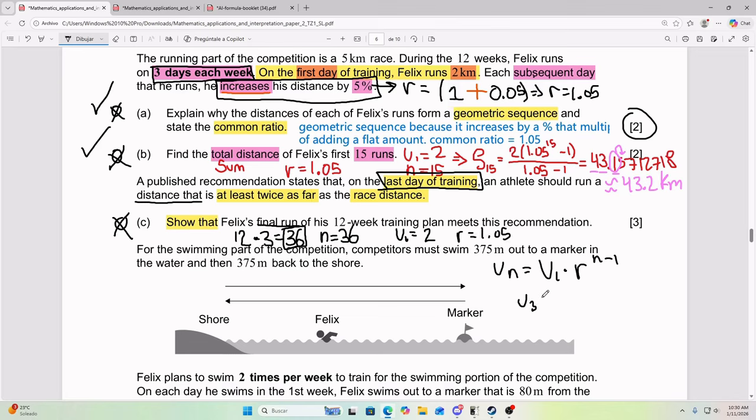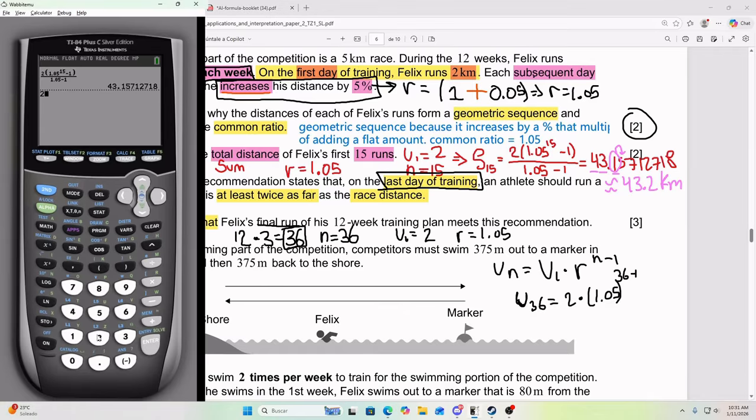So u_36, basically the last one, has to equal 2 times our r to the power of n minus 1, so 36 minus 1. So plugging all of that into the calculator, you end up with 2 parentheses 1.05 close parentheses, to the power 36 minus 1. 11.03. So he ran 11.03 kilometers on his last day of training.